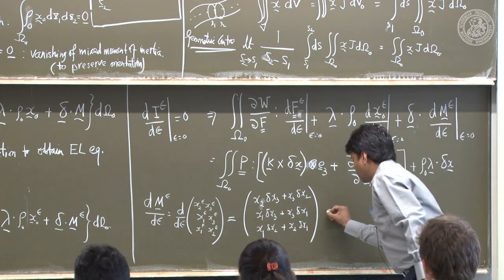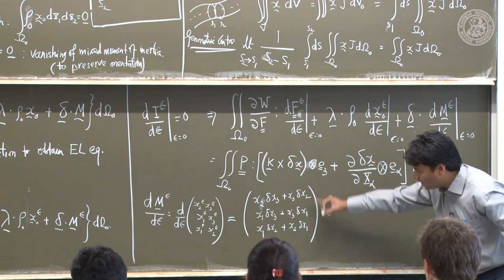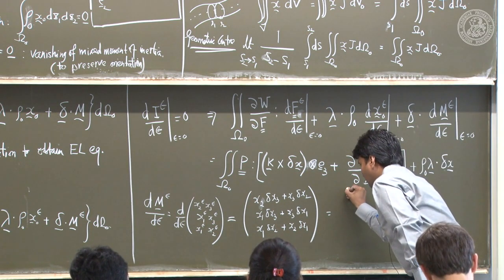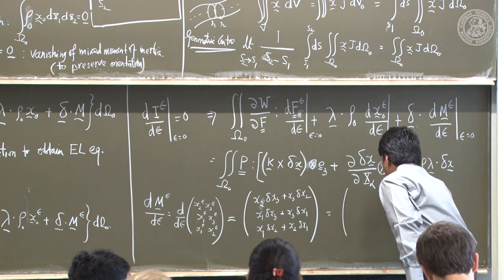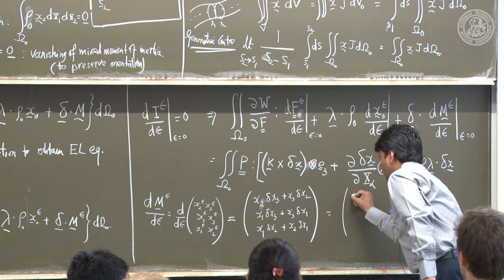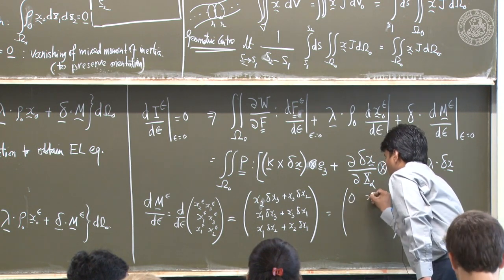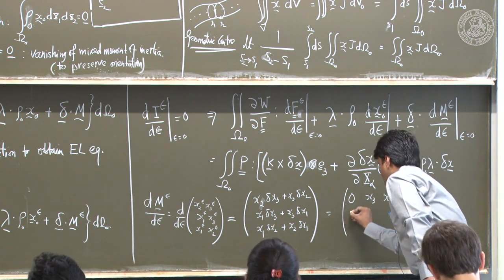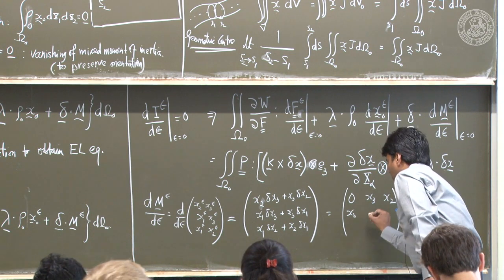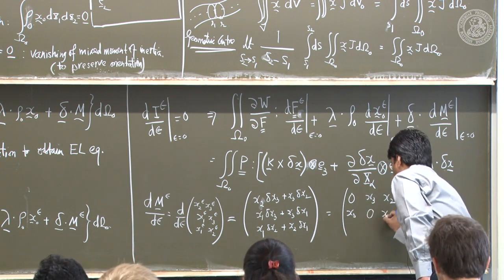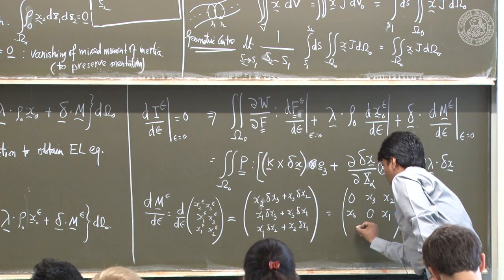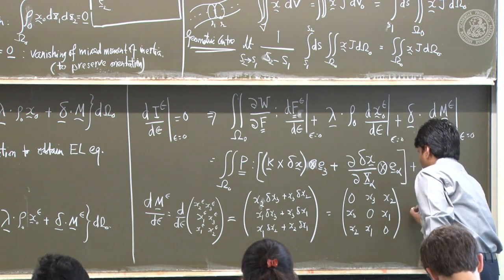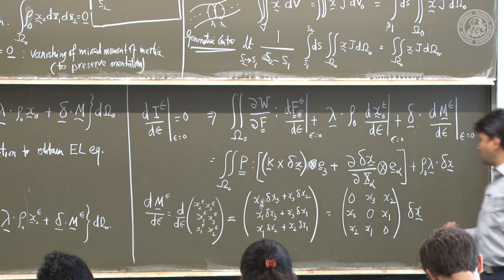And you want to write it as something times del x. So that you could do very well. I guess that would become a matrix which will be 0, x3, x2, then x3, 0, x1, x2, x1, 0 into your del x vector. Okay.